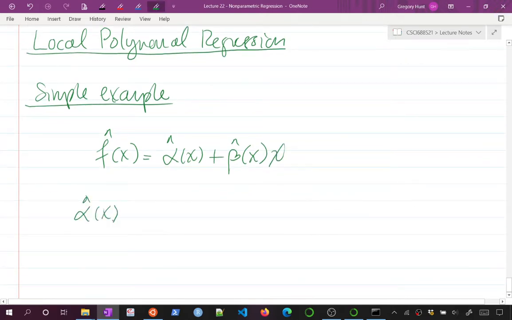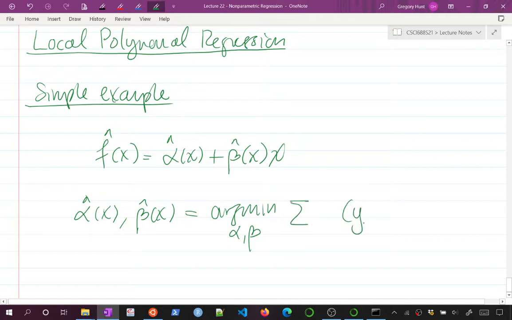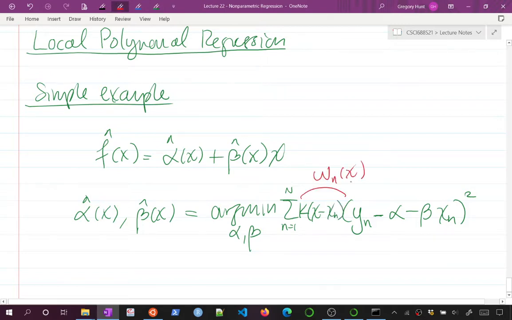where alpha hat of x and beta hat of x we get by minimizing a weighted regression loss, squared loss, right? So if we just were fitting regression, it would look something like this. But now we're going to weight this thing using our kernel closeness measure. So we're going to weight it by this, where these things are basically some WNs, and these depend on x.